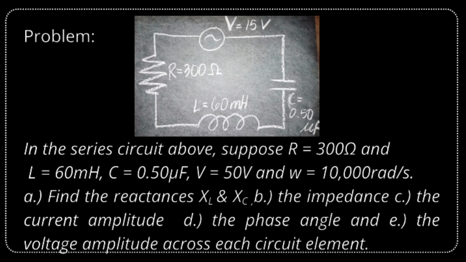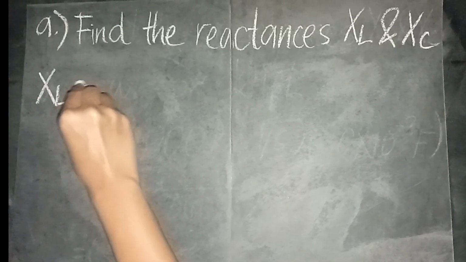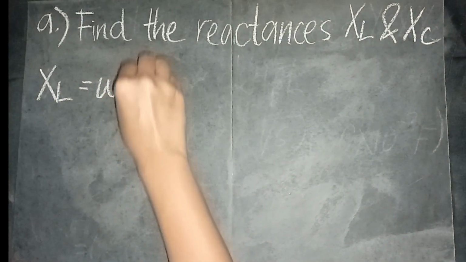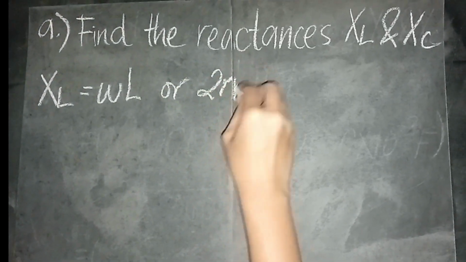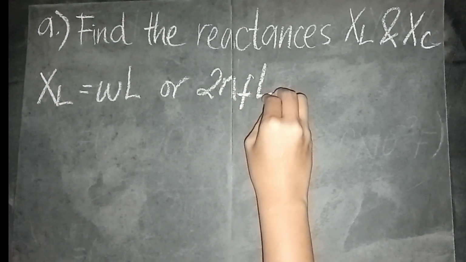So, letter A, find the reactance XL and XC. Then letter B, find the impedance and find the current amplitude, the phase angle, and the voltage amplitude across each circuit element. So, let's solve this problem. First, we will find the inductive reactance in which XL is equal to WL or 2 pi FL.